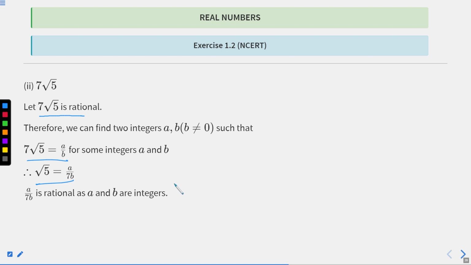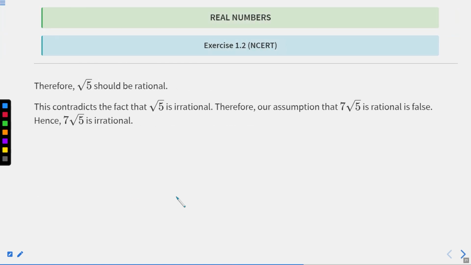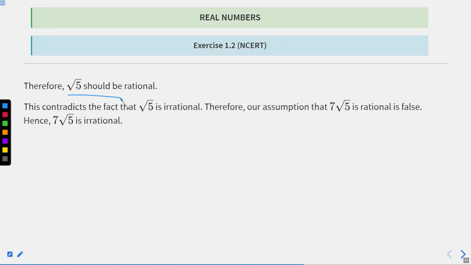Here a, b and 7 are all integers, so a over 7b is actually a rational number. Therefore root 5 should be a rational number, since root 5 is equal to a over 7b.